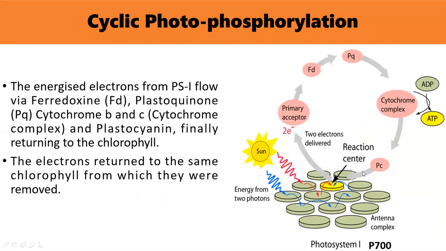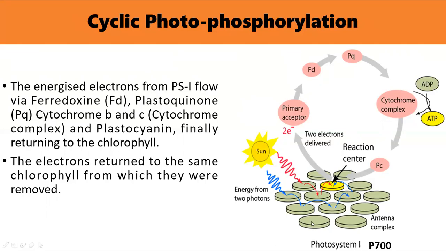Here on the screen you are seeing photosystem 1. It's also called P700. Why it's called P700, I already explained in my previous video. In photosystem 1, these are the accessory pigments and only one reaction center, which is a chlorophyll A molecule.